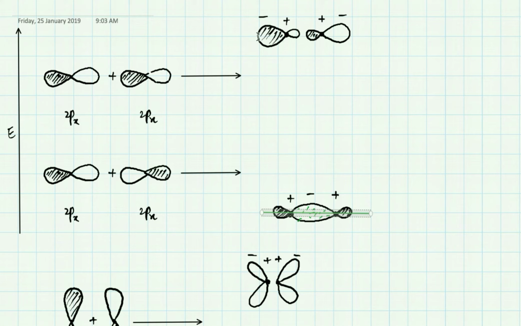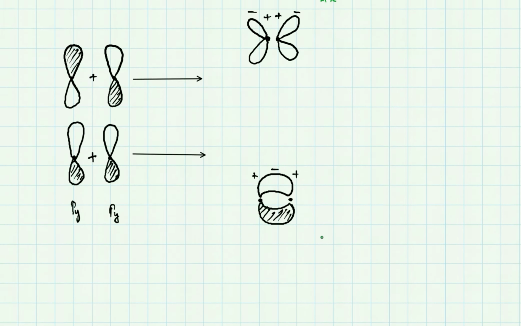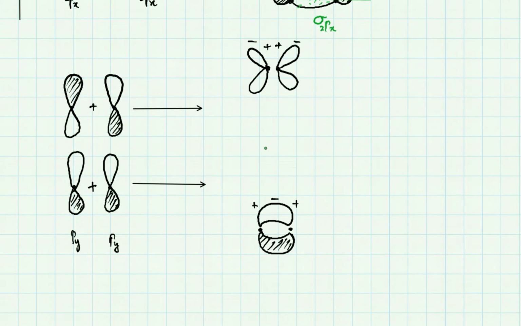Here also it has sigma symmetry. So both of these bonds are sigma bonds. And this is sigma px, and this p is from the second orbit, so sigma 2px, and this will be sigma star 2px.